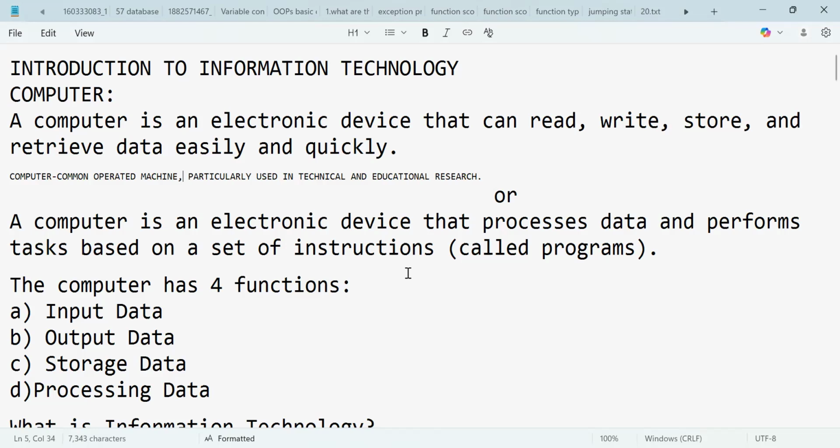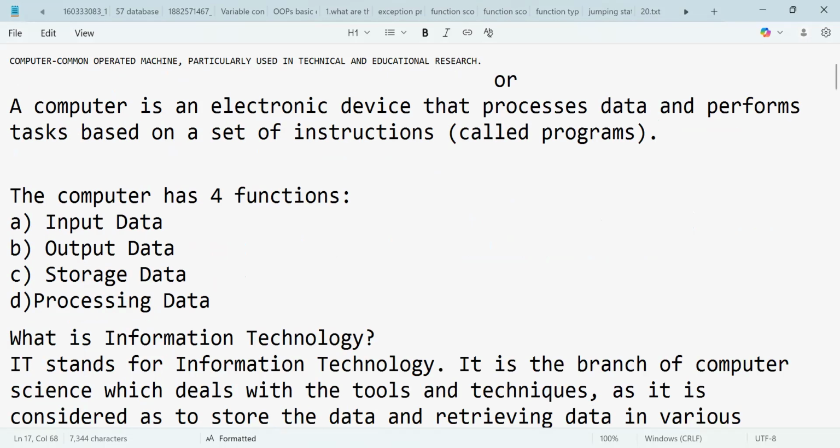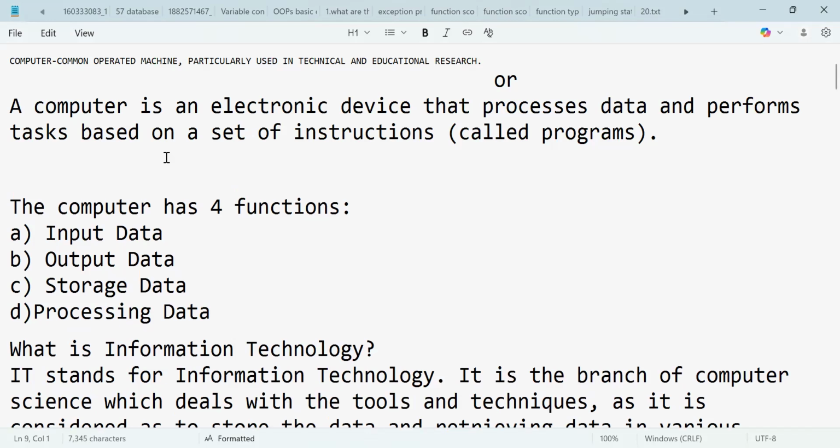The computer has four functions. What are the basic things of the computer? The computer will take input data, it will be processed, and then it gives the output. First of all, we input the data.